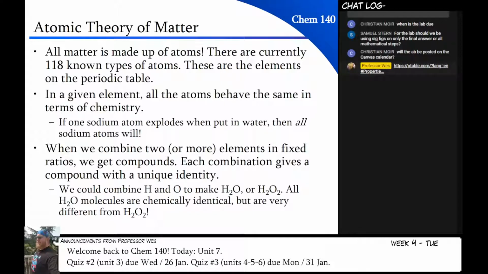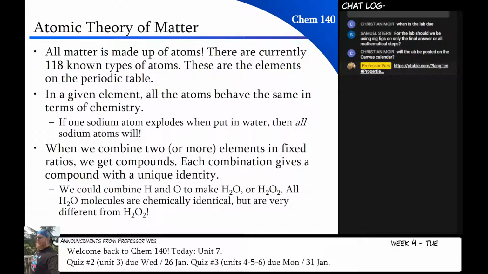Now, when you mix multiple atoms together, what you get is a compound. So we talked about compounds in Unit 6. Compounds are combinations of multiple atoms together. For instance, if I take hydrogen and oxygen, I can make water, or I can make hydrogen peroxide. All water molecules behave the same.